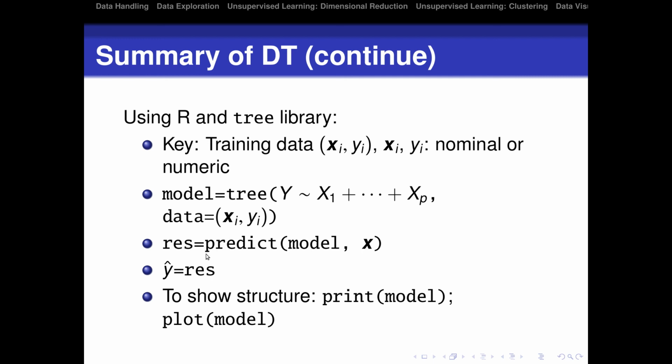For prediction, like all the examples you have encountered in the previous practical classes, we just predict from the model which we trained, giving it new feature data, and then we get the response. A prediction of the response directly returns the class, or in the regression case, the value.